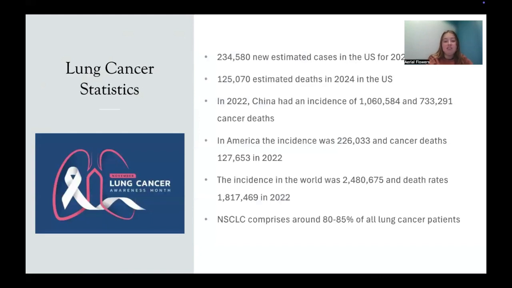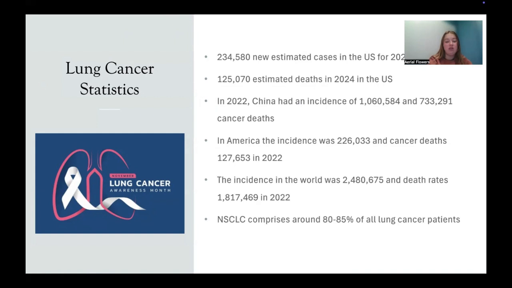Some lung cancer statistics: the number of new cases in 2024 is 234,580, and the number of deaths is 125,070 in the United States. Different statistics from 2022 found that in China, there was an incidence of over 1 million and 733,291 cancer deaths.